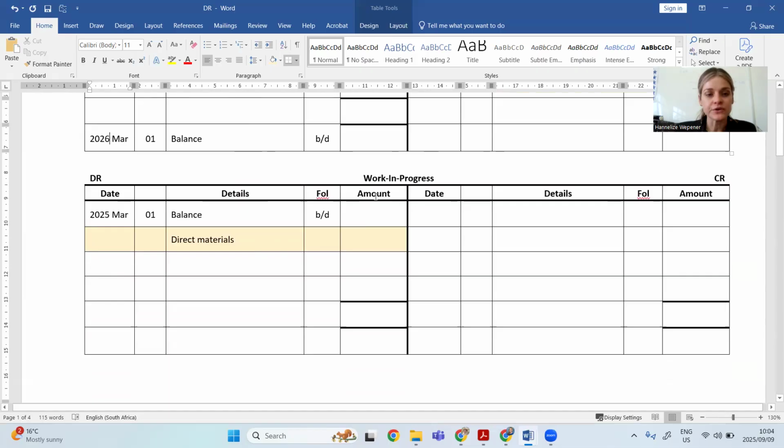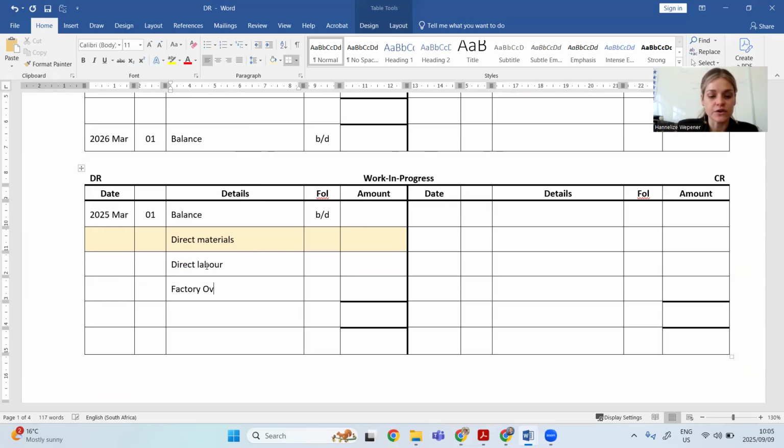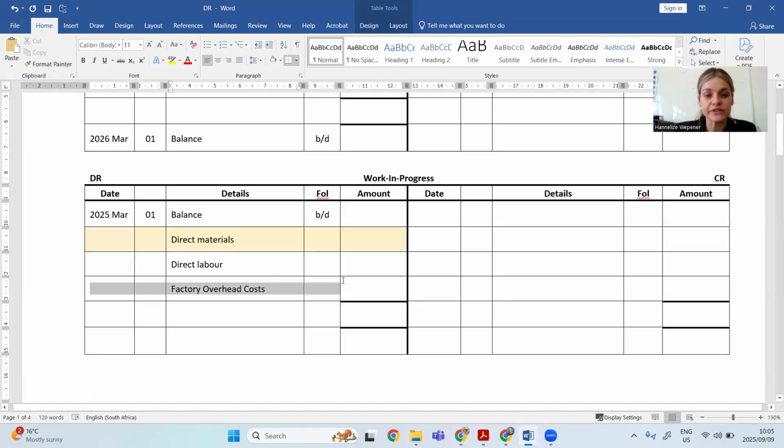So your work in progress will be everything, all the costs within the factory for this year to be able to work on the product, starting with your prime costs, so direct materials and direct labor, together with your factory overhead costs. And factory overhead costs, all of these accounts for that matter, but factory overhead costs is like a popular one to test in exams or tests.